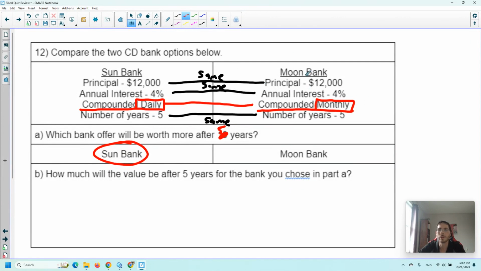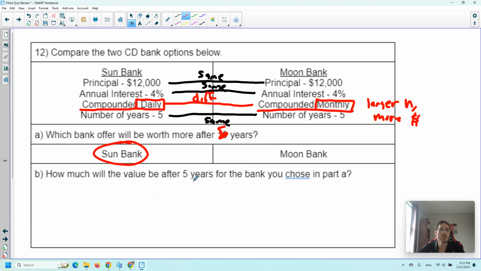A daily rate will pay more than a yearly rate. So this n value is going to be bigger than this n value. So the daily is going to be bigger than the monthly, and we don't have to do any calculations there. This is a comparison. So remember, our idea here is larger n, more money.